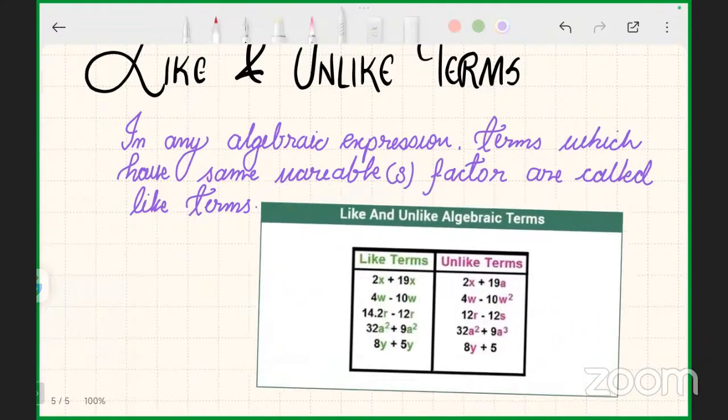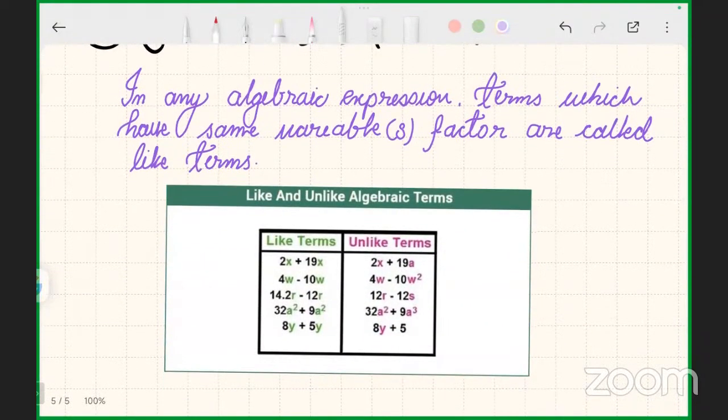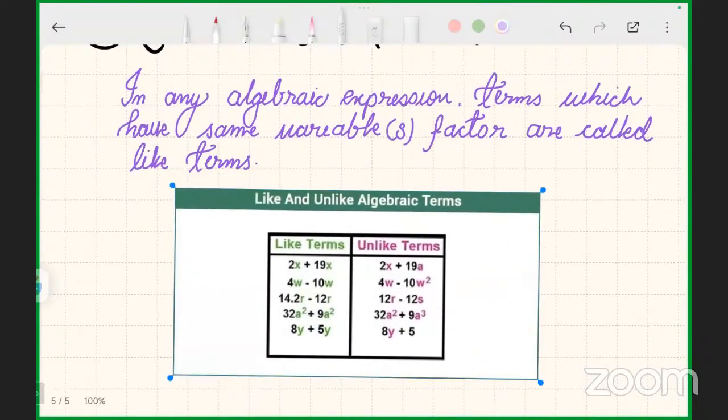Should I write the diagram? That would be an example. Just write the like terms part. I'll write three examples from each, so that's easy. So we can go on.